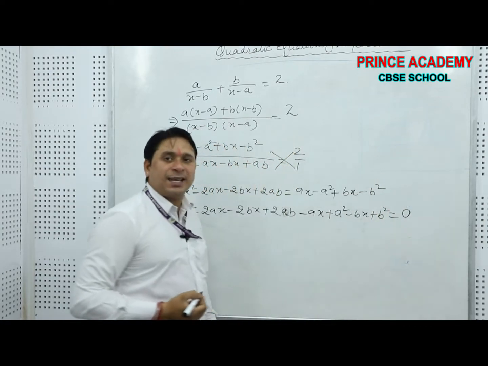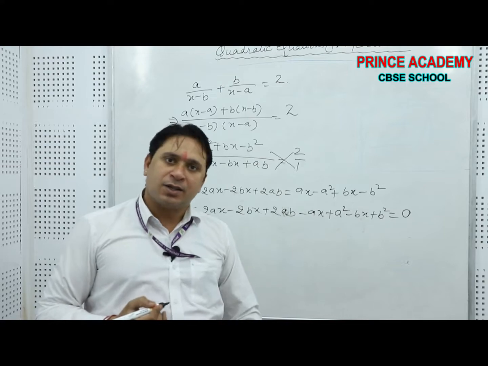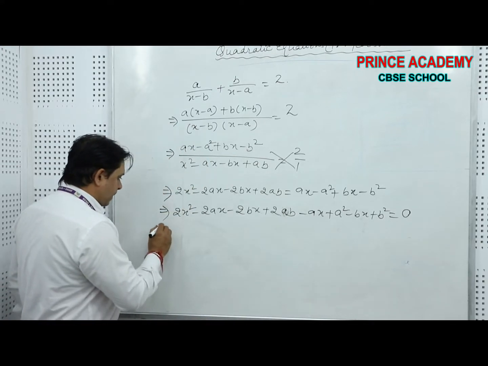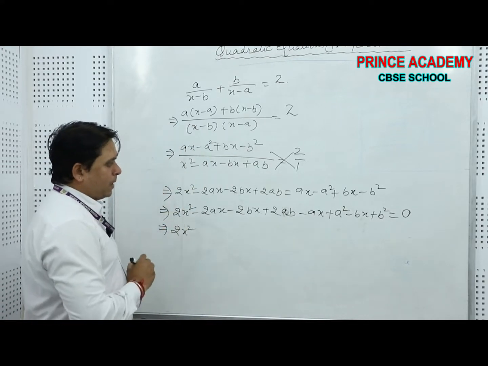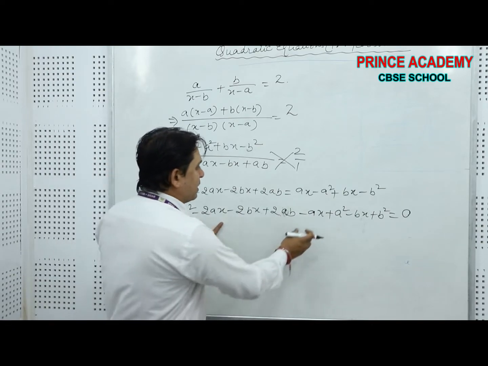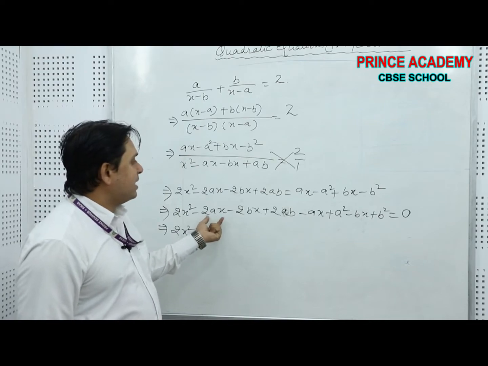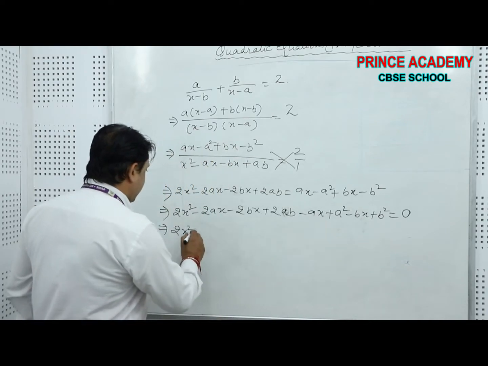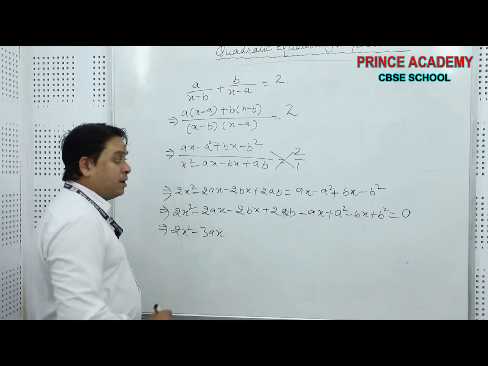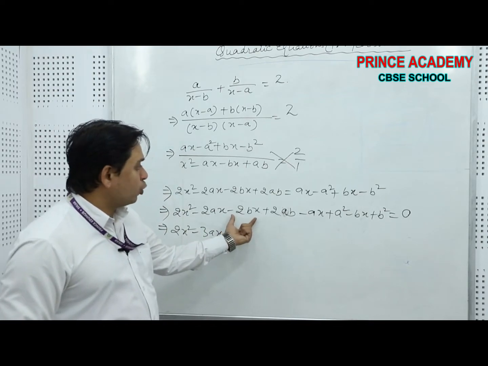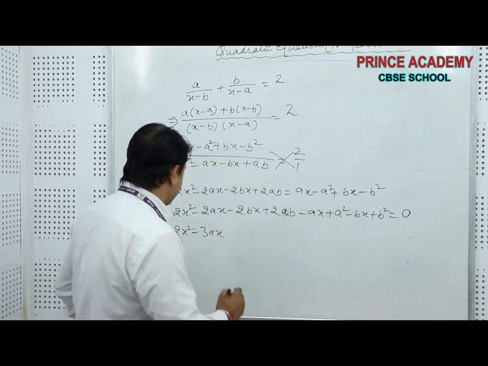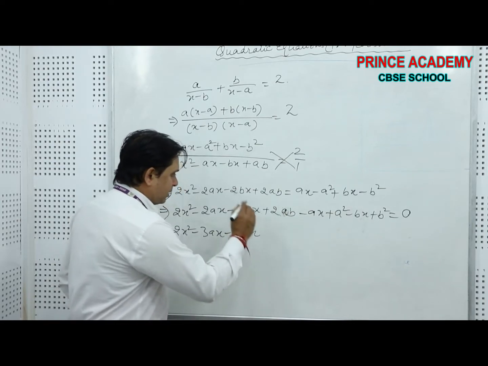All the signs are changed here. Now see 2x square, minus 2ax minus ax is minus 3ax. In the same way, minus 2bx minus bx is minus 3bx.